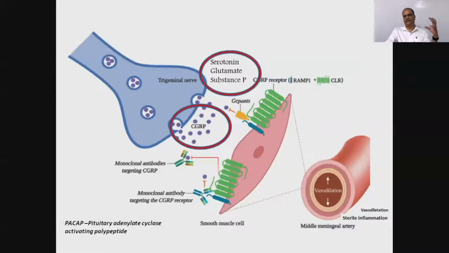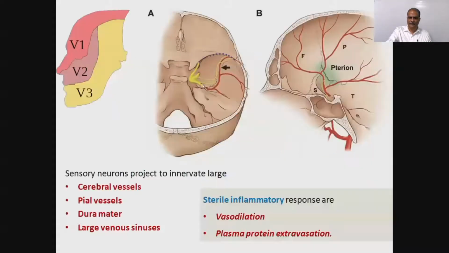These agents work downstream, acting through receptors. Each of these has its own receptor, and they cause vasodilatation and a sterile inflammation. This is the final pathway, which gives rise to the headache symptoms.